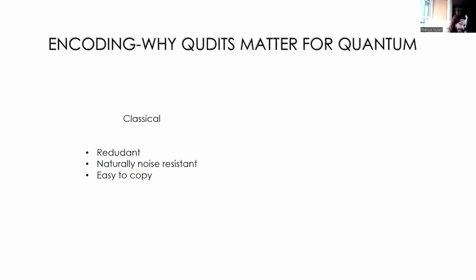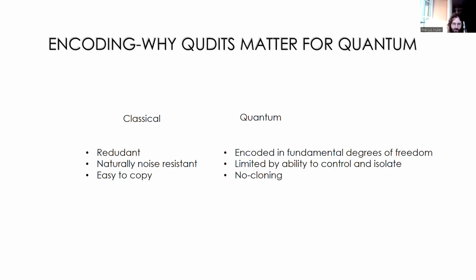The main difference is that in the classical realm, these encodings can be easily made very noise resistant because of redundancy, because of the ease of copying. So I can amplify signals, I can correct for errors, and none of it affects the way I store and work with information. The beauty of classical information is that it can really forget about the physics.